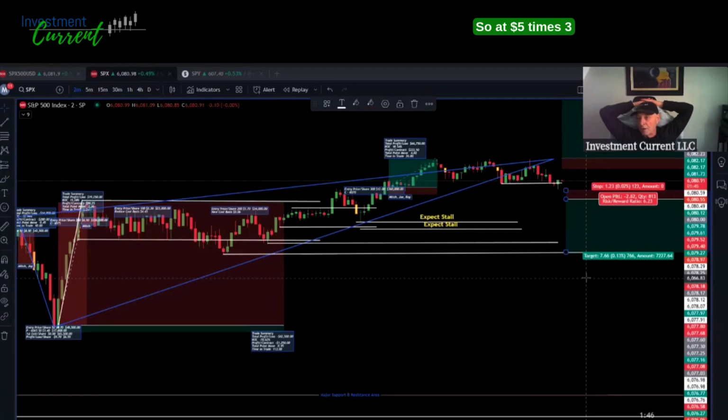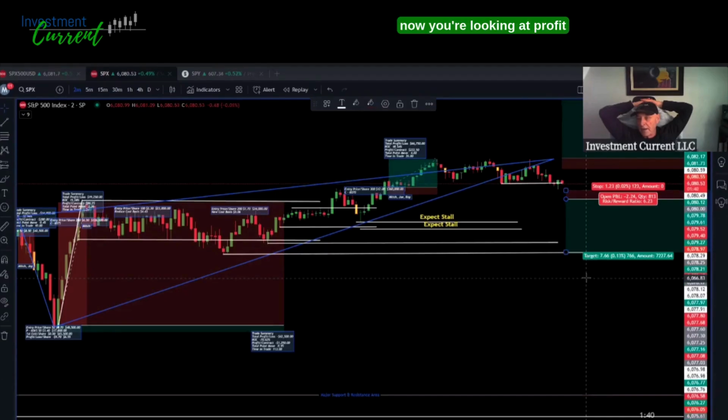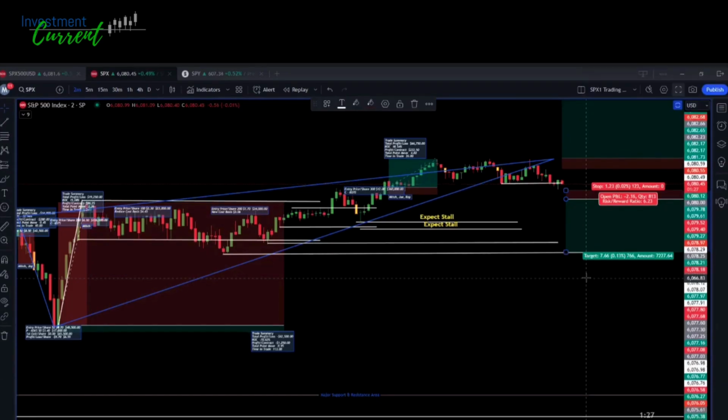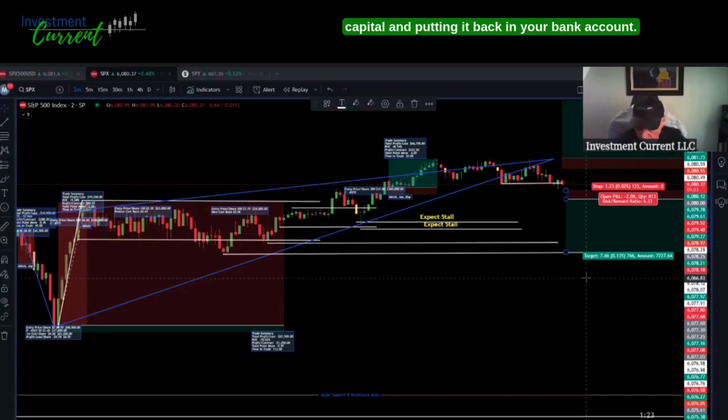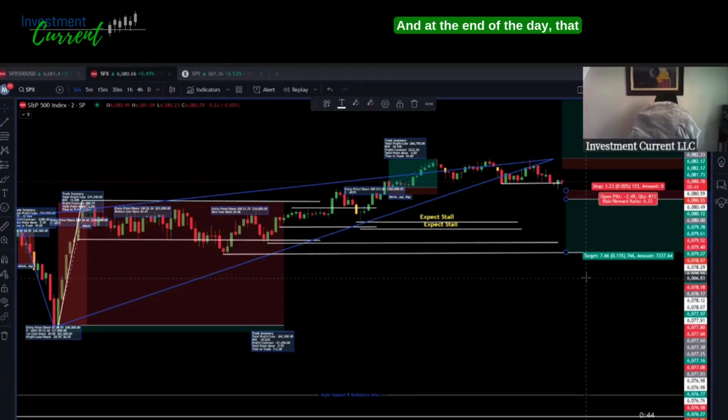So at $5 times 3, now you're looking at profit, let's say $3 times 3 is another $900. But what you're doing is you're taking your original capital and putting it back in your bank account. And at the end of the day, that same $5 move can be worth $10 a contract, $10 a share, because of the way that it explodes.